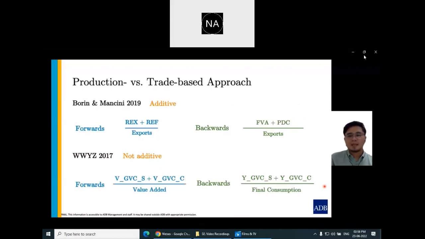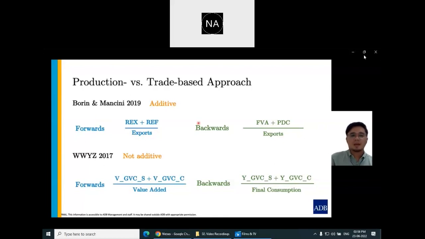Now, it is also important to emphasize the difference between forward and backward GBC participation rate following the trade-based approach.